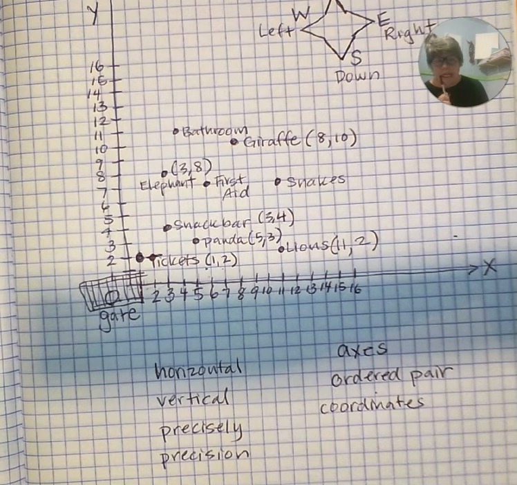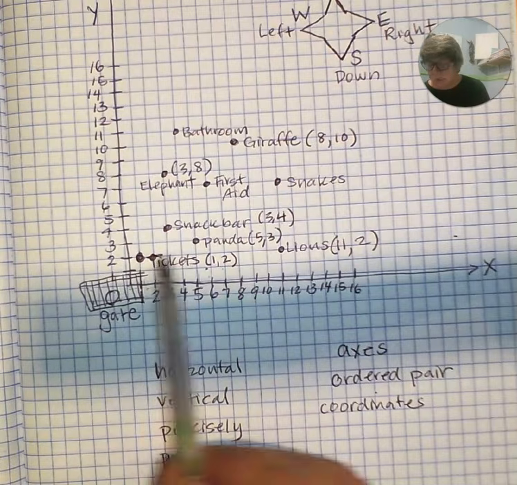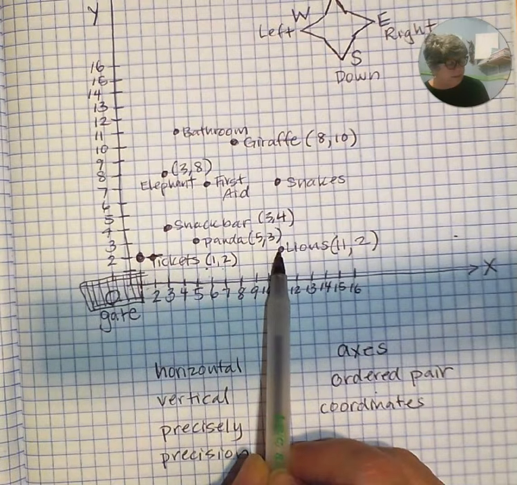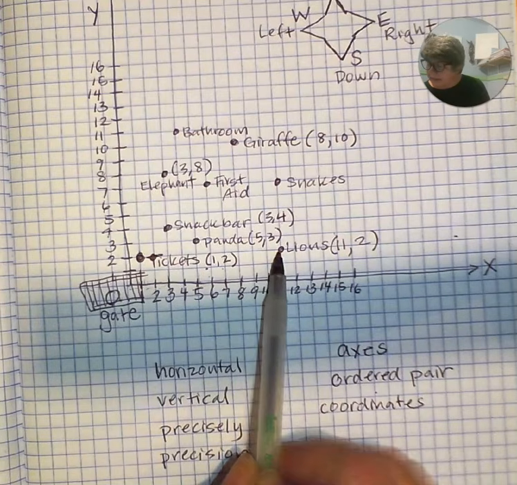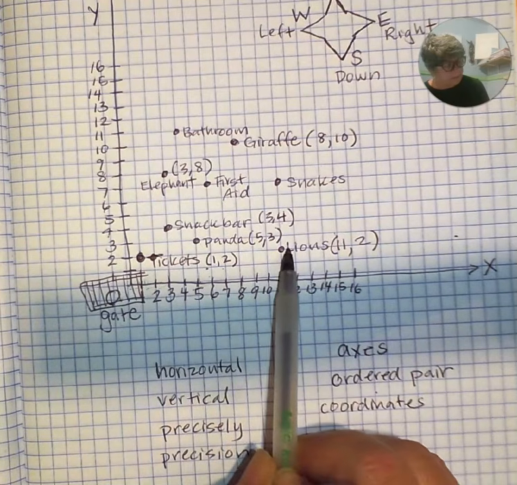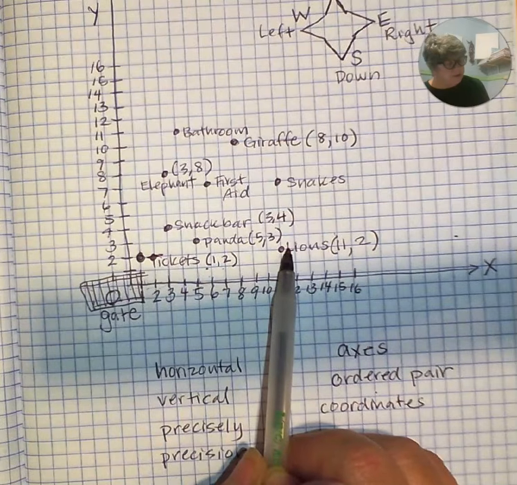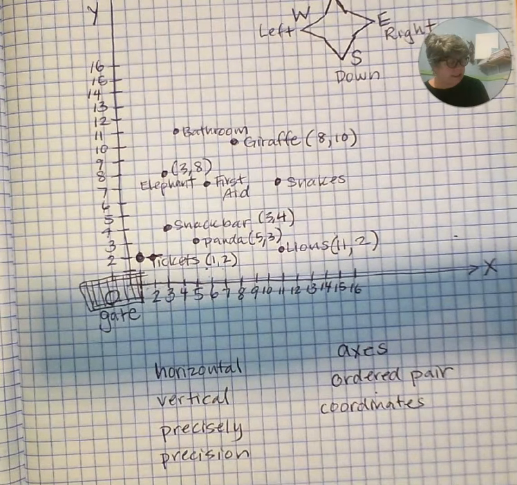Okay, so A was Kayla going from the ticket stand and wants to see the lions. So tickets to lions. We answered that question, but I didn't tell you that it was A, right? So that was 10 to the right. So that answer should be in a sentence. The lion exhibit is 10 units to the right of the ticket stand, or something similar to that.